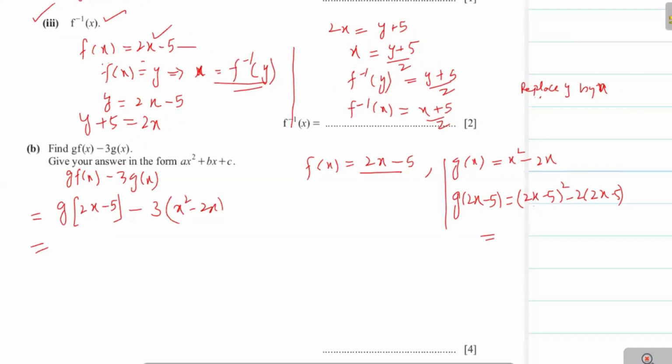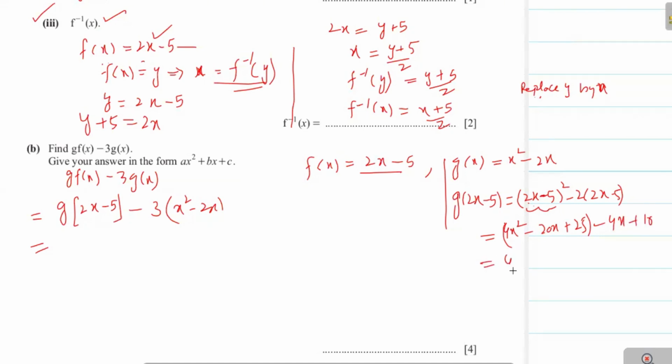We expand 2x minus 5 whole squared using the identity a squared minus 2ab plus b squared. This will be equal to 4x squared minus 2 into 2x into 5, which is 20x, plus 25. And we write the remaining values, minus 4x plus 10.